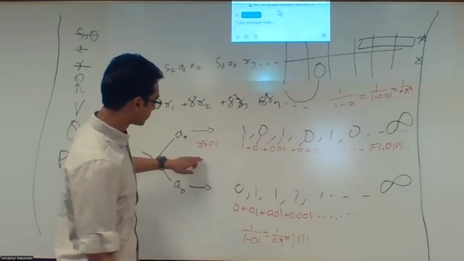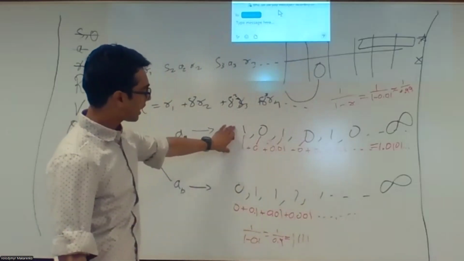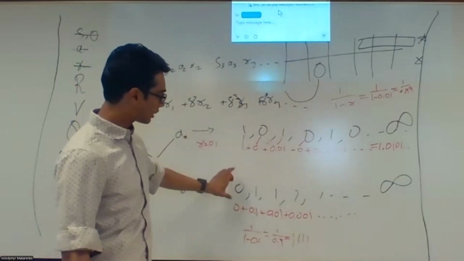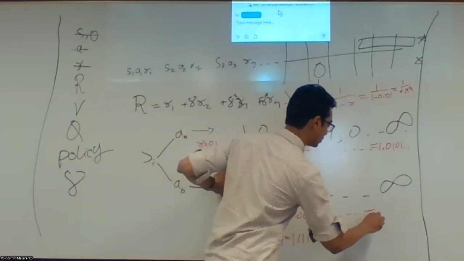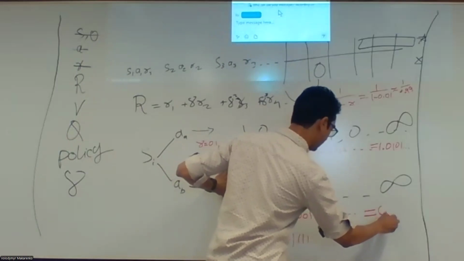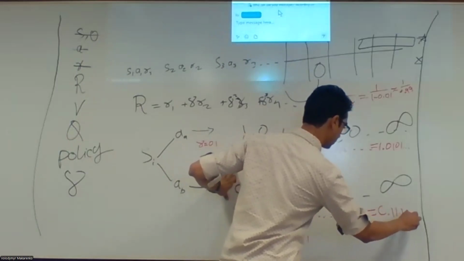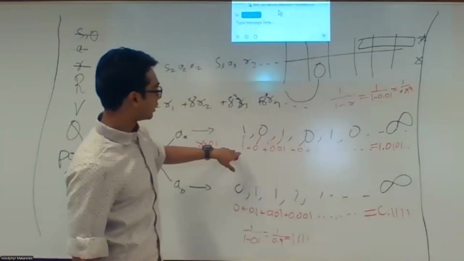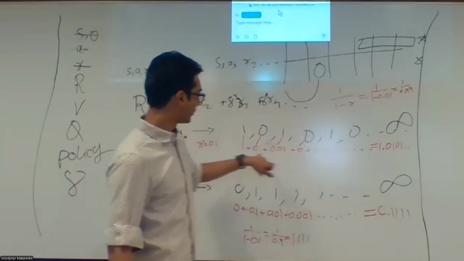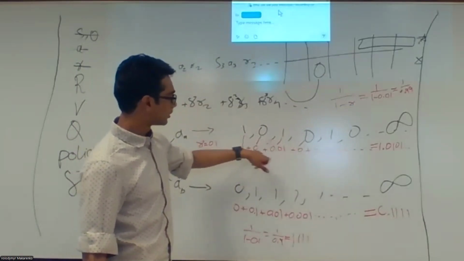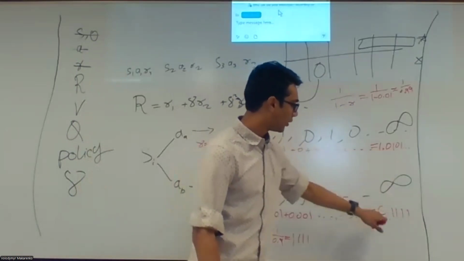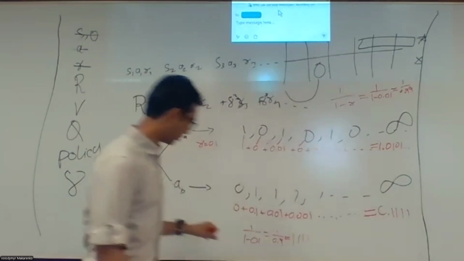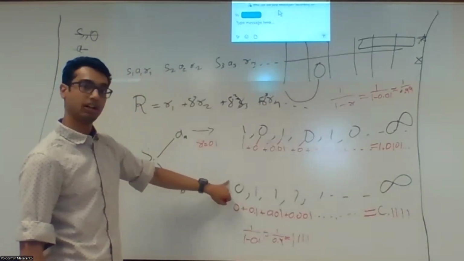Okay, so if we are comparing this trajectory and this trajectory, we have a way to make the comparison: the cumulative reward from this point is going to be 1.0101. Over here it is going to be 0.111, because the first value is not 1.